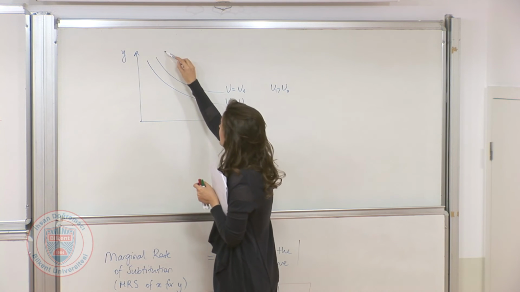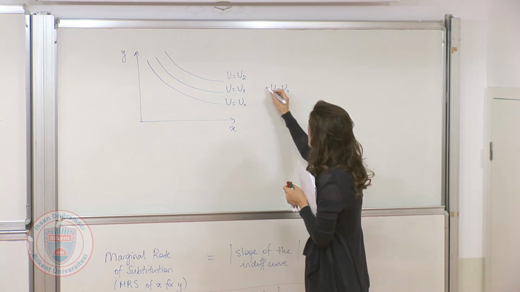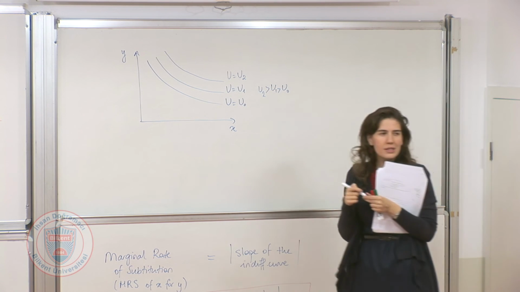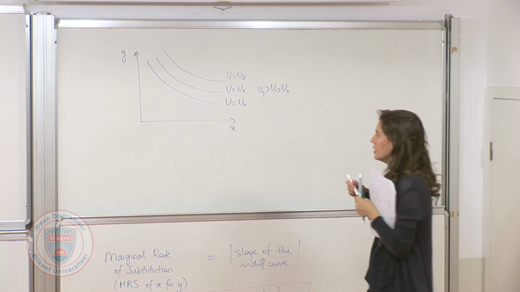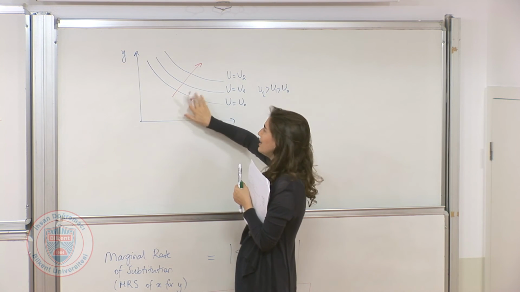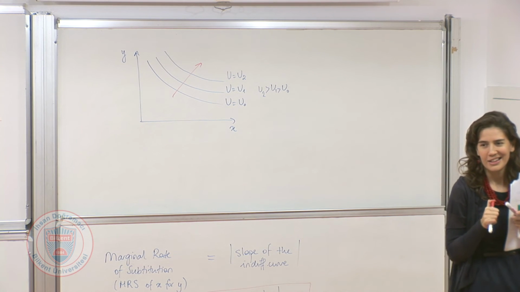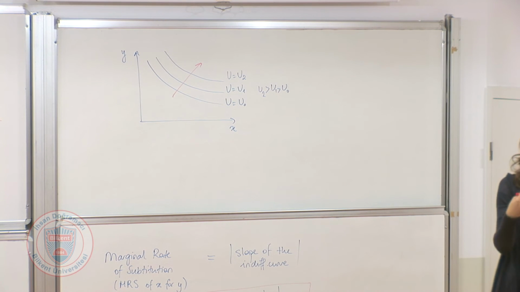This way, I put u2. So what does it mean, right? In this direction, utility increases, right? So we know that this happens when you like more.